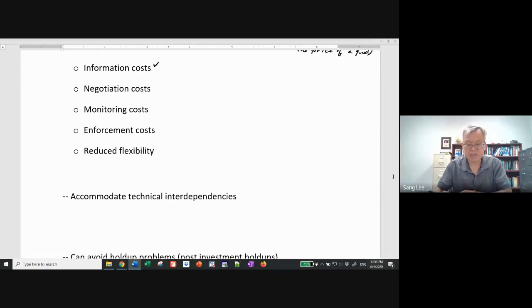Another example of transaction cost that you incur whenever you use the market is negotiation cost. So you found a reliable supplier. Now negotiation starts over the price. That's a negotiation cost.